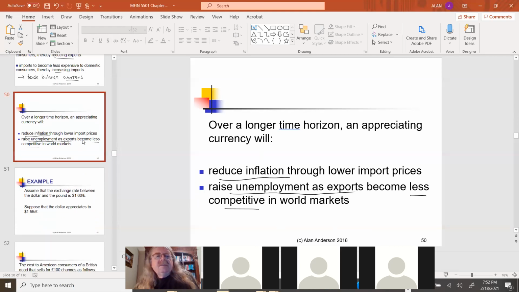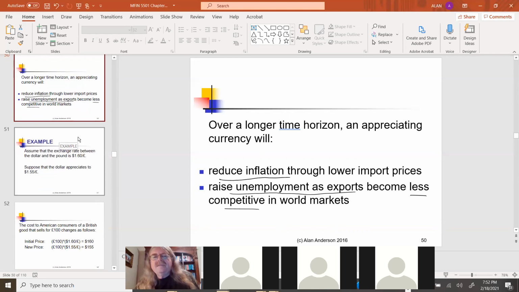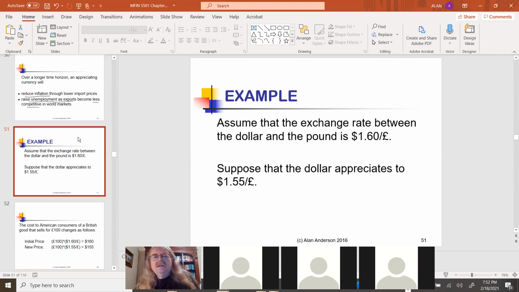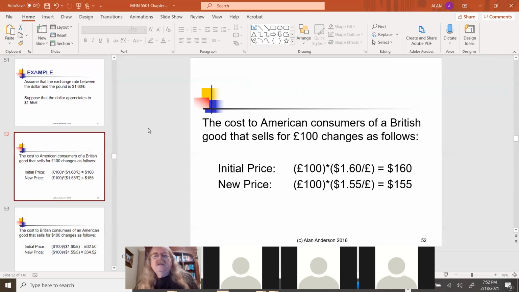So I've got a numerical example here so you can see why this is happening. Let's say the exchange rate is $1.60 per pound, and then the dollar strengthens to $1.55 per pound. So clearly the dollar's gotten stronger because it takes fewer dollars to buy a pound. What happens to the value of our imports and exports? So if there's a British good, let's say we're importing some British good into the US that costs 100 pounds in England.